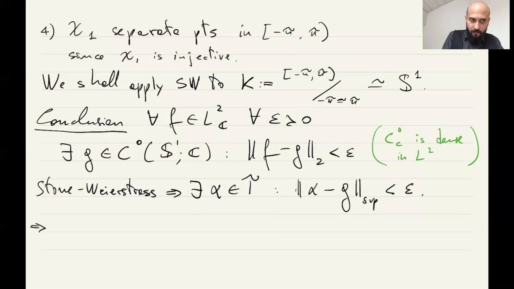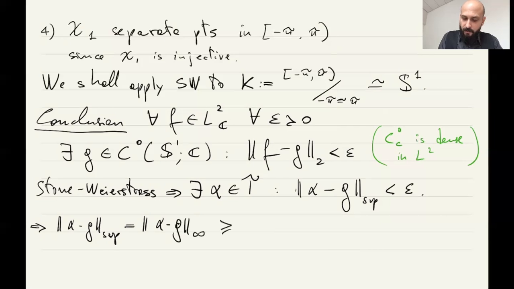As a consequence, if we see alpha minus g as functions in L infinity, then the norm is the same, the sup norm. And now I claim that the L2 norm of alpha minus g can be bounded by the measure of the space to the power 1 minus 1/2, times the sup norm of alpha minus g.